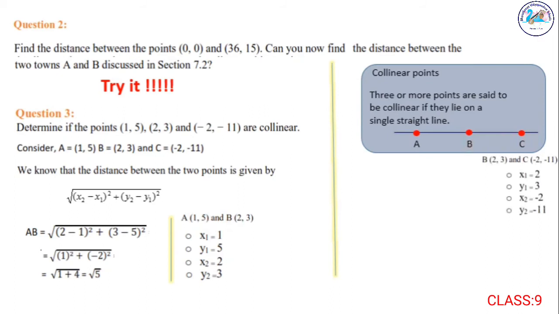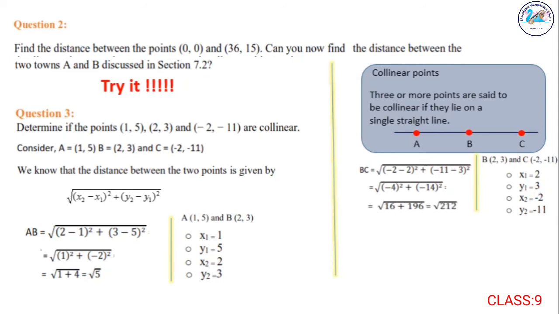Let us take B and C, that is B (2, 3) and C (-2, -11). Again x1 is equal to 2, y1 is equal to 3, x2 is equal to -2, y2 is equal to -11. Substitute into the formula: (-2 minus 2) the whole square plus (-11 minus 3) the whole square.